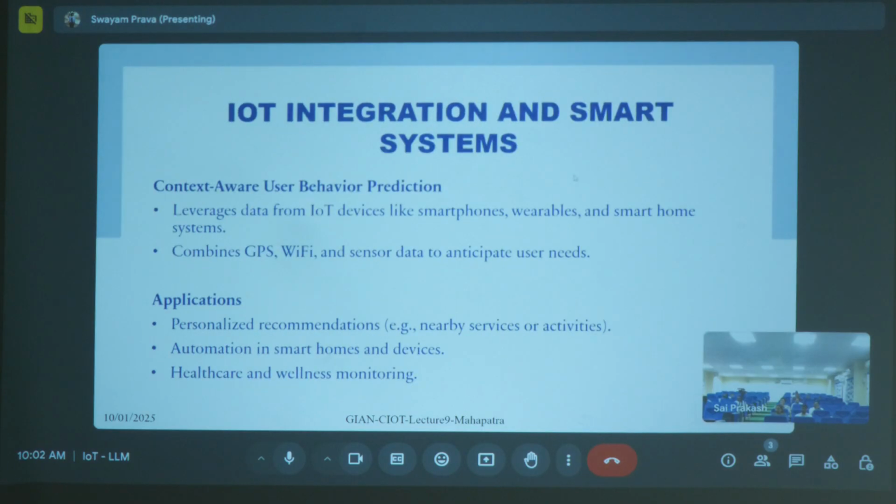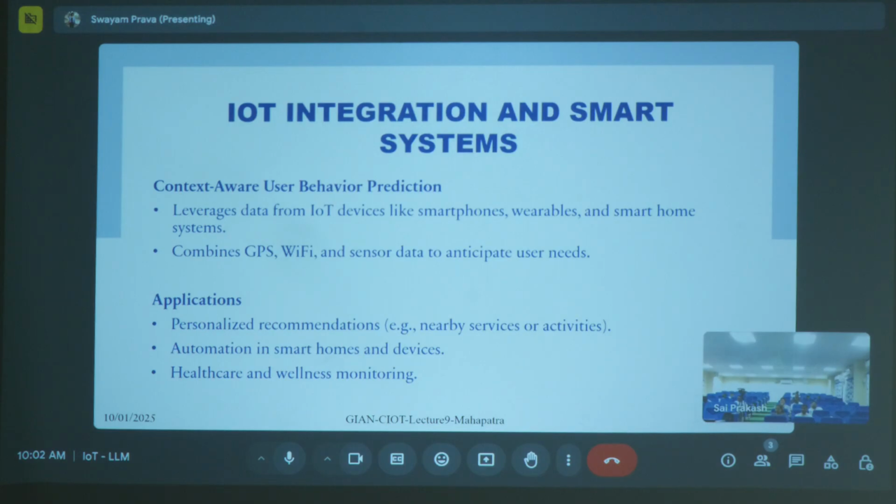Now let's discuss how these large language models integrate with IoT systems, which is Internet of Things systems, to create smarter, more context-aware environments. One of the key advancements in IoT integration is context-aware user behavior prediction.